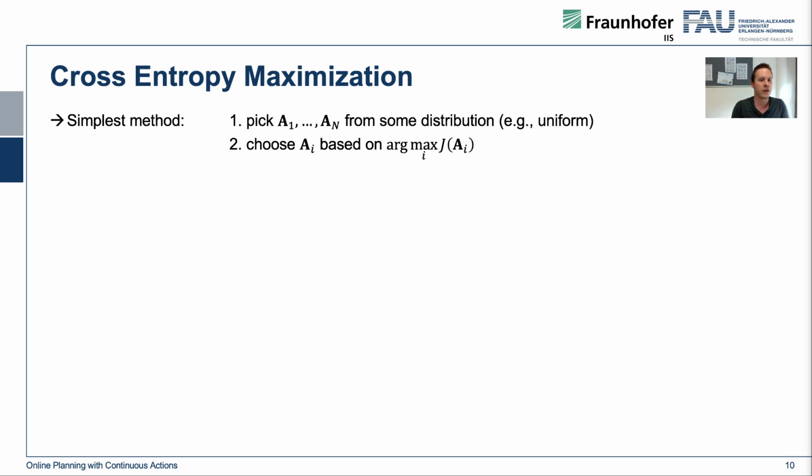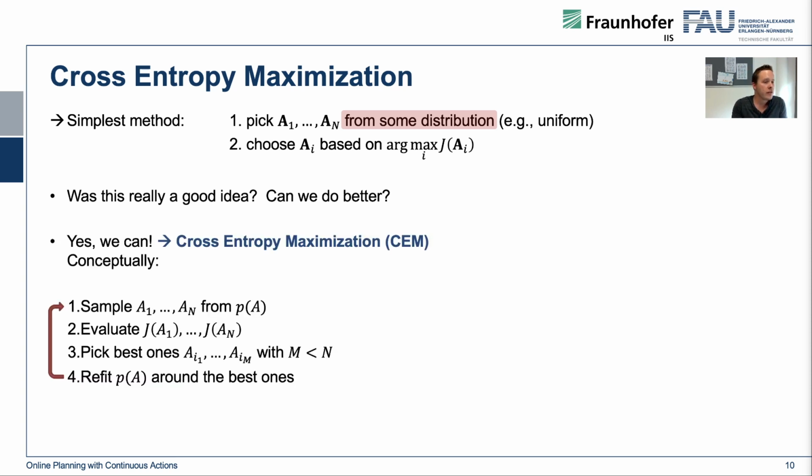Then we run the optimization, and then we choose the sequence of actions that maximizes our objective function. And the question is, picking an action sequence from a random distribution doesn't really sound like a well-thought-out idea. Can we do better? And it turns out, yes, we can.